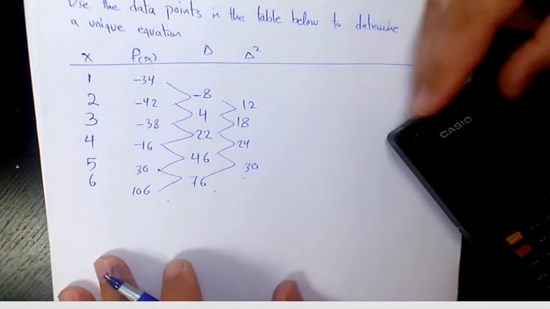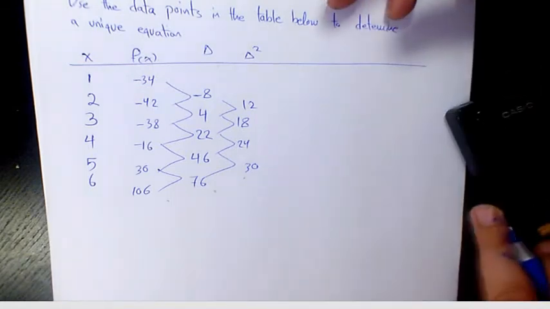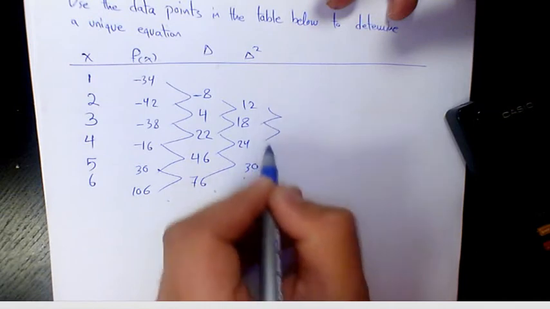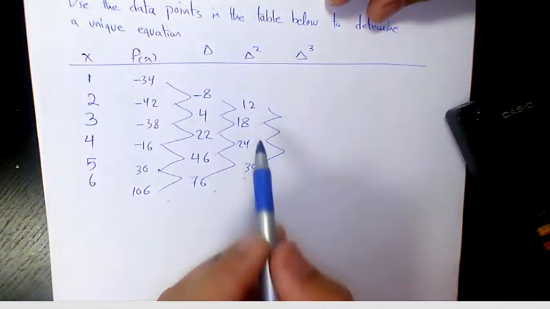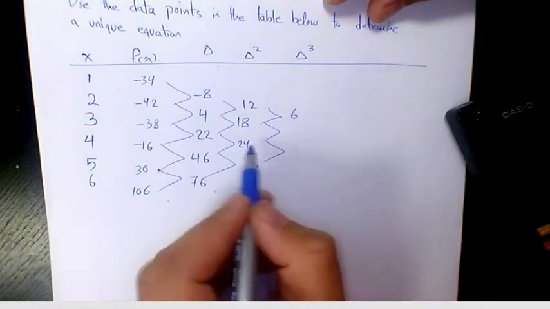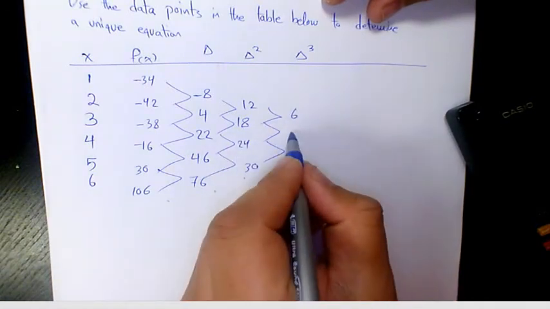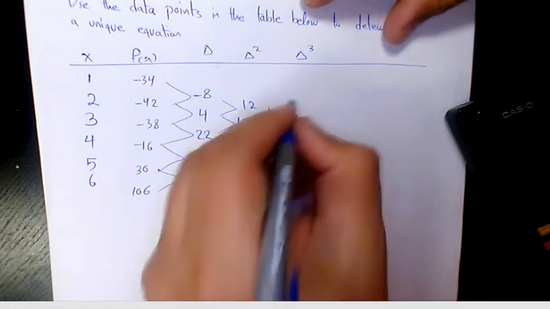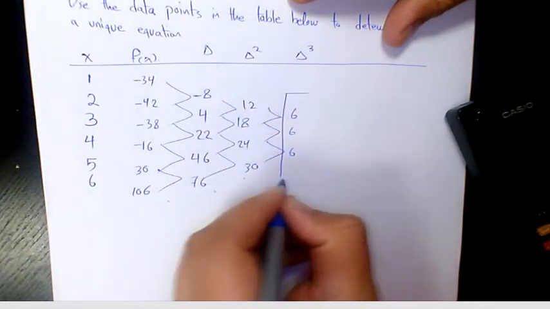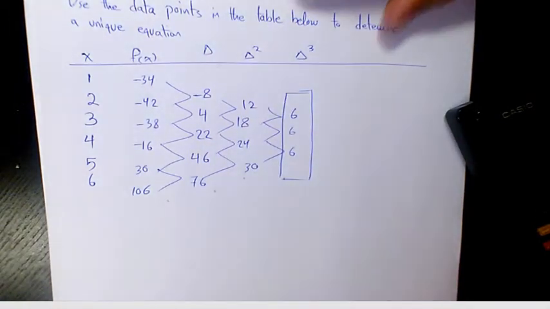Again, they are not the same, so that's not a quadratic function, so we need to go for the third difference. 18 minus 12 is 6, 24 minus 18 is 6, 30 minus 24 is 6. Now, since all of them are equal, you're going to say that that's the cubic function.